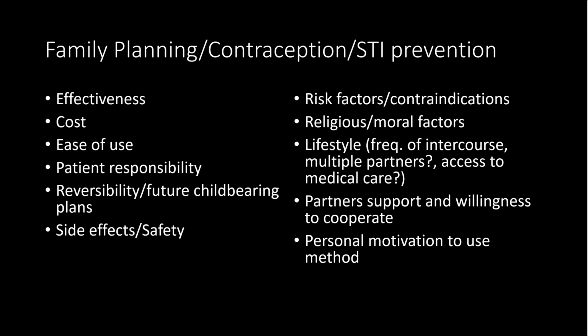A great example of this would be, if we have a patient who has 2 or 3 children, her and her partner have decided they do not want any more children. She doesn't want to undergo permanent sterilization. She's not a good candidate for oral contraceptives because she has a history of blood clots and high blood pressure.